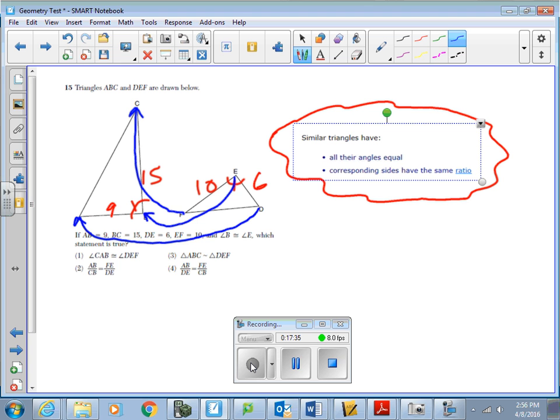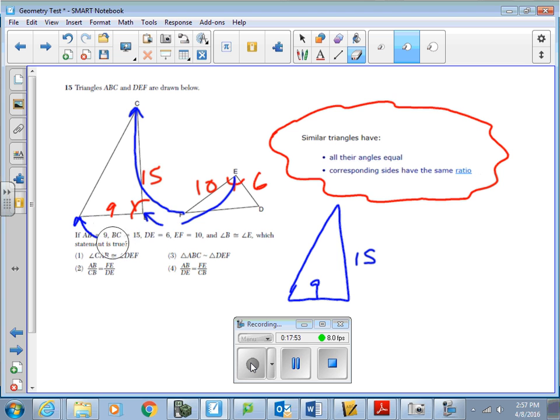So CAB, I'm actually going to write this down here. All right, so we have 9, 15. I'm going to erase some of this blue stuff that I wrote. So we have 9, 15, and I'm going to do A, B, C. It doesn't say it's a right triangle.